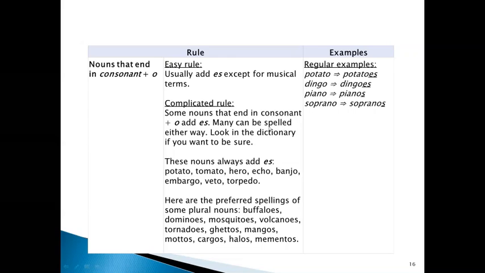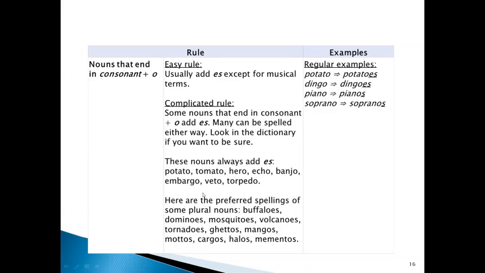Many can be spelled either way. Look in the dictionary if you want to be sure about the word. The nouns that always add ES are potato, tomato, echo, and the other forms written here.